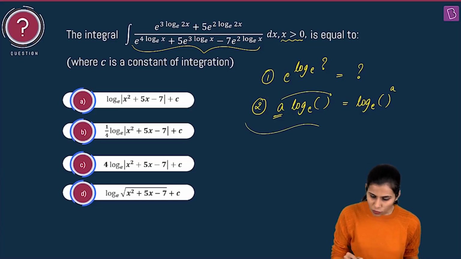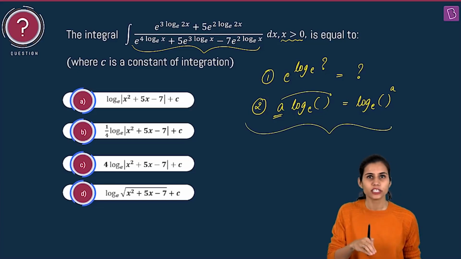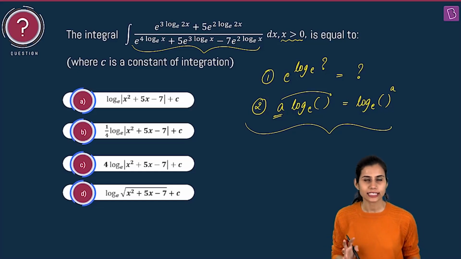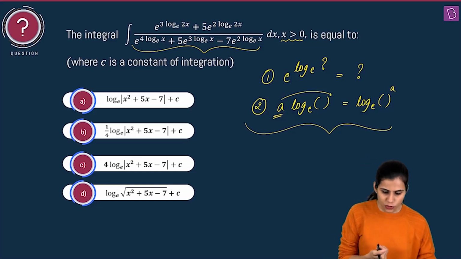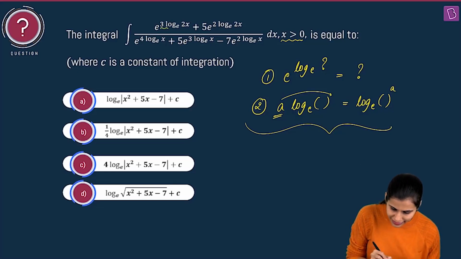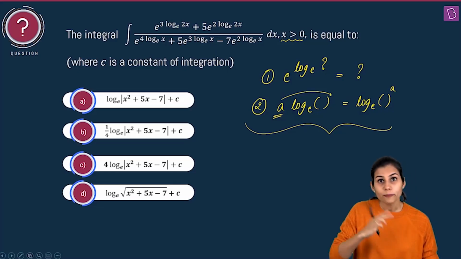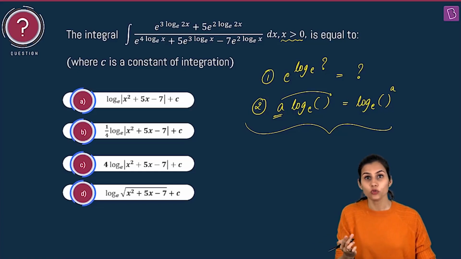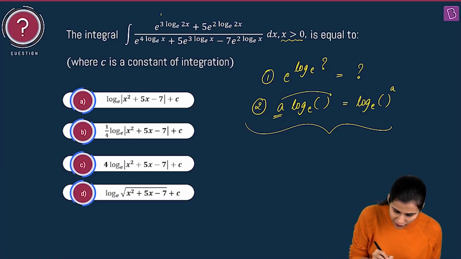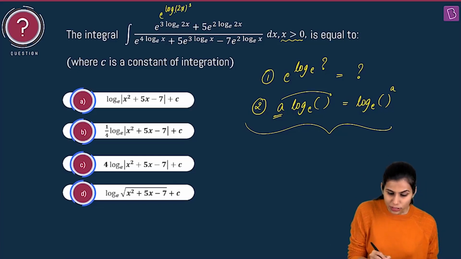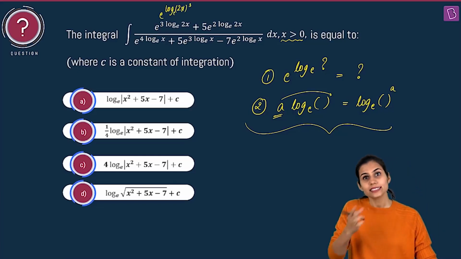Okay, these are the only two concepts which will be useful here to simplify my integrand and hence compute the final integral. Do you get it? So look over here. First of all, 3 log 2x will become log of 2x cube. Yes, so this will give you e to the power log of 2x cube. But e to the power log of input to the base e is that input only.